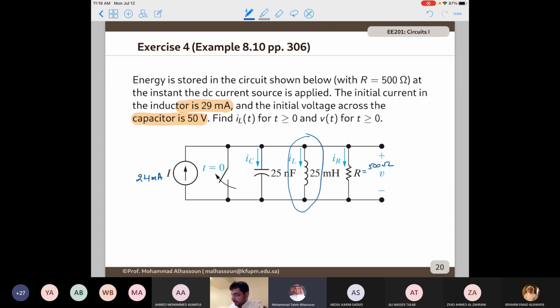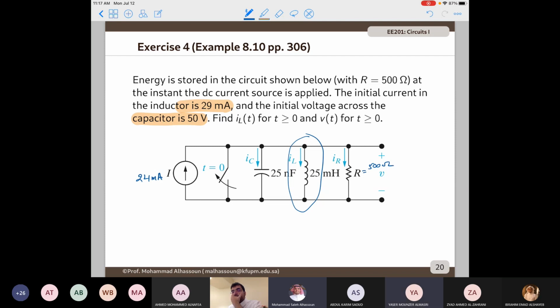Yasser? Yes, Doctor. Can you tell me what is the question again? We're asked to find IL, the current passing through the inductor. So what should we do? What's the first step? First, we know that the voltage across the capacitor is 50, so we can calculate IR.